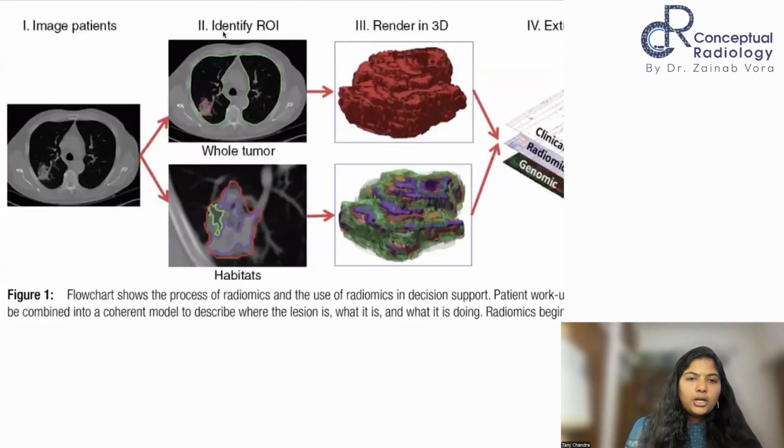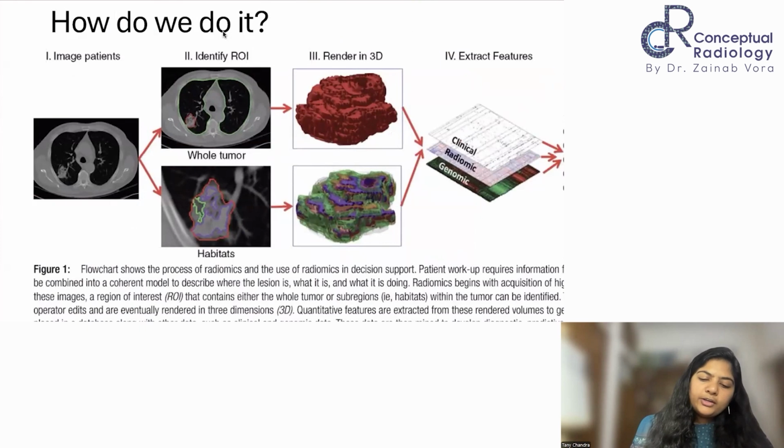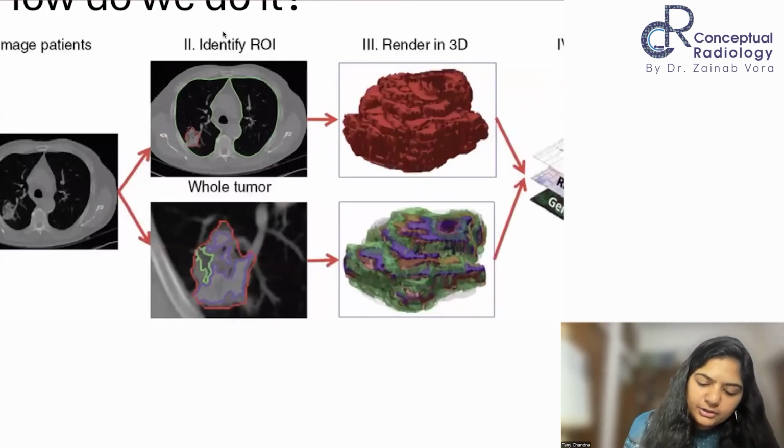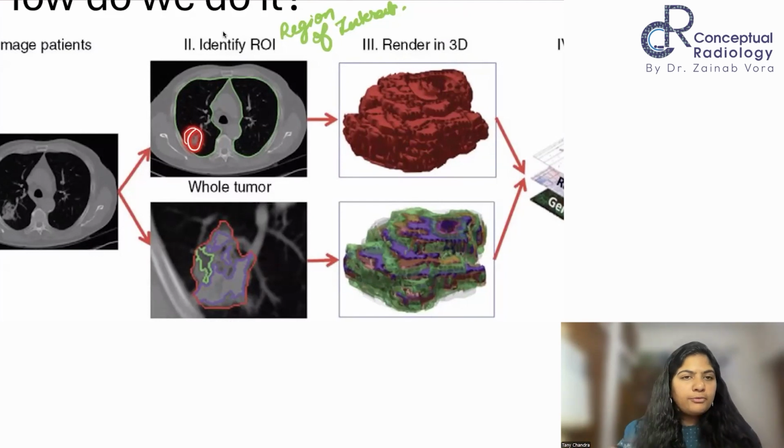So first of all, let's just broadly look at how it works. First we image the patients that we are doing, right? We have images for the patient. Then we are going to draw the region of interest. Now this can be in 2D or in 3D, volume of interest, region of interest, VOI, ROI.